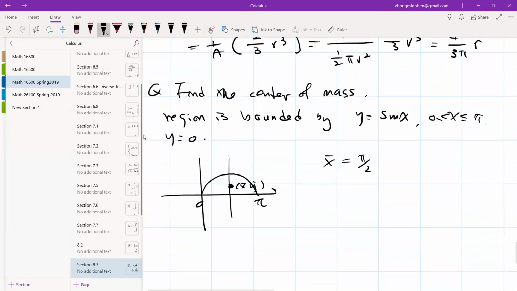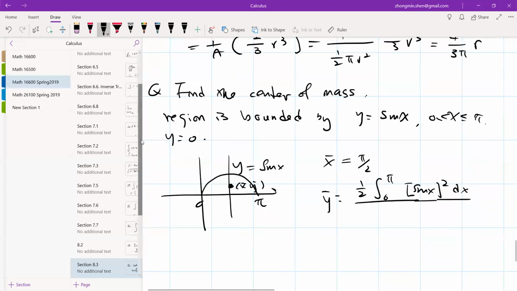The only part we need to do here, this is y equals sine x, right? So you write down the formula for y bar. Y bar is going to be half of the integral from 0 to pi of the function sine x squared dx, okay? And then the bottom is the area, A. We already know the area, the integral of sine x.